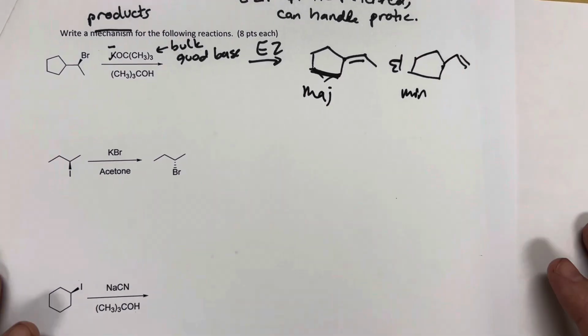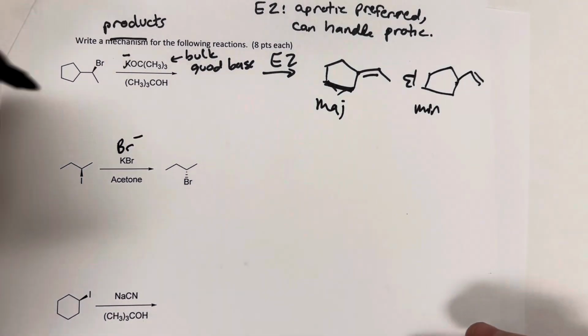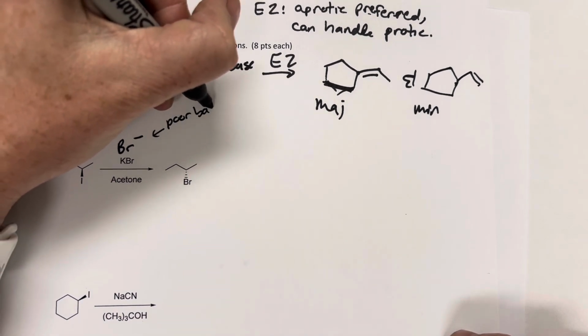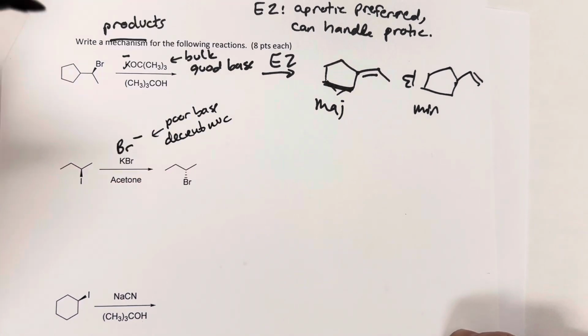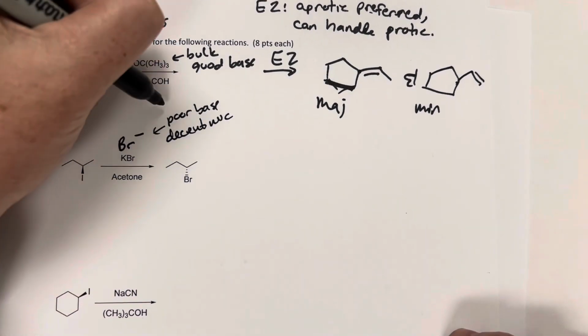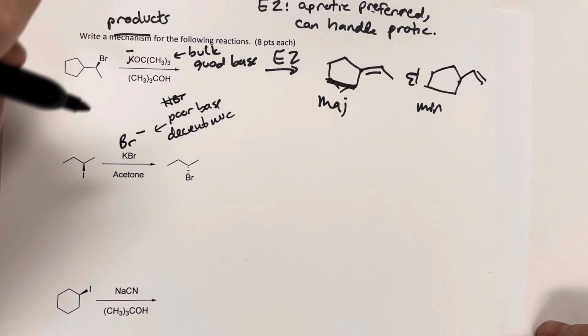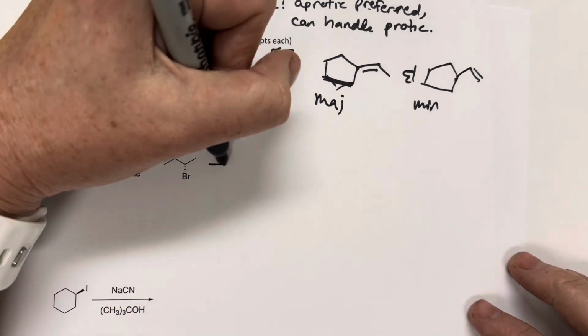Moving on, here we have a Br minus. Br minus is a very poor base, but it's a decent nuke. It's a poor base because if you added its conjugate acid, HBr, you know that this is a very strong acid, therefore Br minus is a poor base. So what that means is this will occur via SN2.